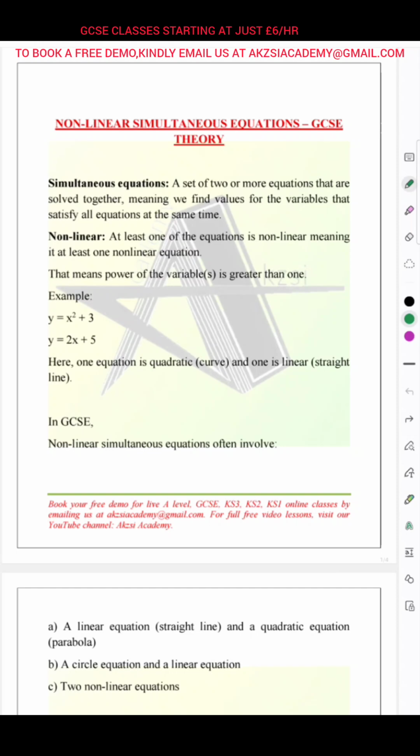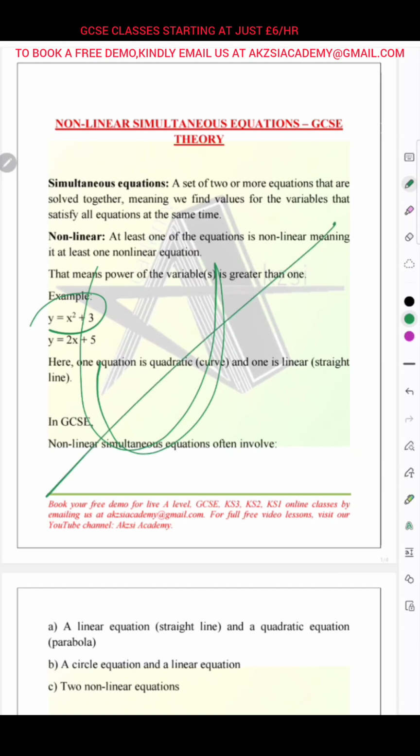When you plot it, you will get a curve. That means they are actually talking about the intersection of a curve and a straight line. So this is a curve, and this is a straight line. We are finding the common intersection point of these two basically.